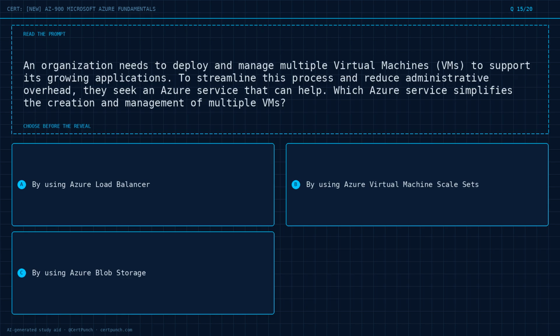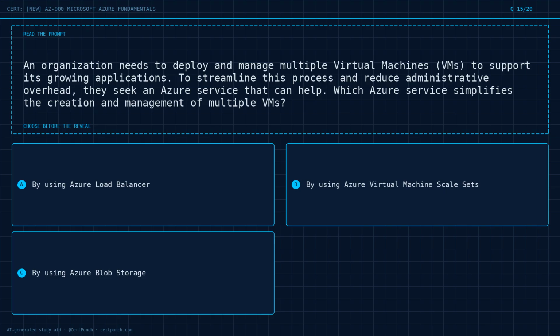Question 15 of 20. An organization needs to deploy and manage multiple virtual machines, VMs, to support its growing applications. To streamline this process and reduce administrative overhead, they seek an Azure service that can help. Which Azure service simplifies the creation and management of multiple VMs? Option A, Azure Load Balancer. Option B, Azure Virtual Machine Scale Sets.